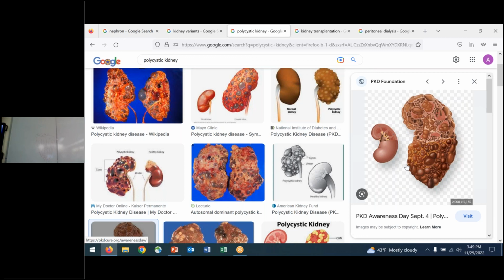So not only do they look kind of weird, here we go. This is a healthy kidney. This is an unhealthy kidney with that polycystic disease.